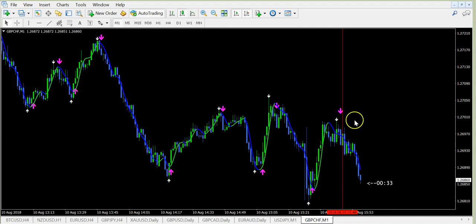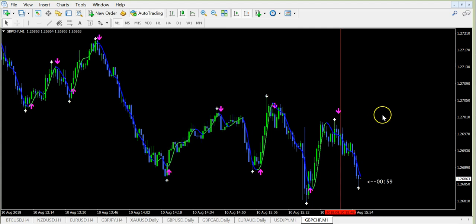This is not repainting strategy except these white arrows, which gives you the opportunity to trade both binary and Forex. You can trade it on all time frames and with all possible assets you like. From gold, from stocks, from Forex, from cryptocurrencies, anything you like. Just follow strictly the rules as I explained here and you will not have problem.